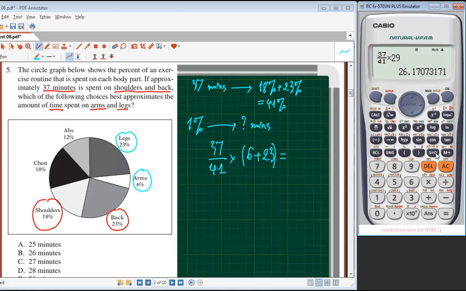Option B. We choose option B. We do not choose 27, option C, because the decimal after the point is less than 0.5.